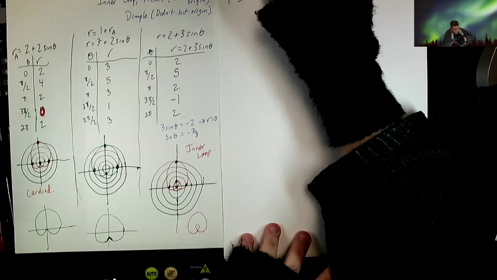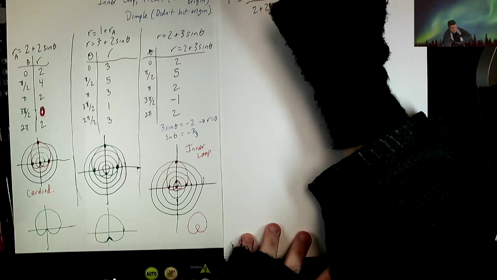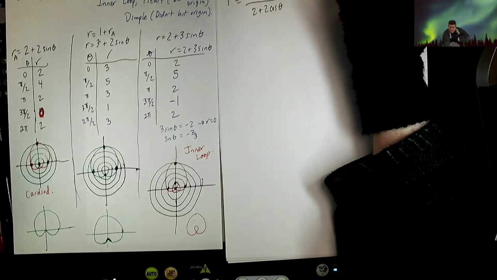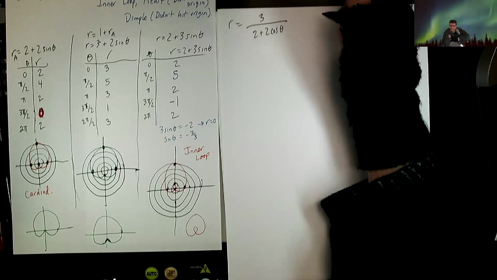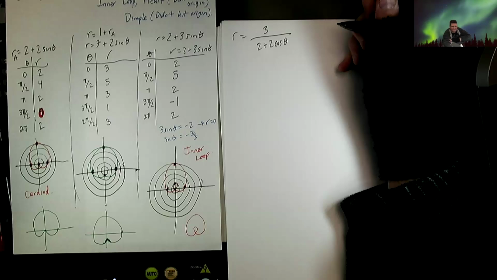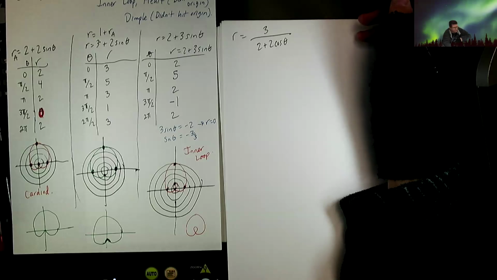What about r equals 3 over 2 plus 2 cosine theta? I really don't have an interest in making a theta-r chart here.